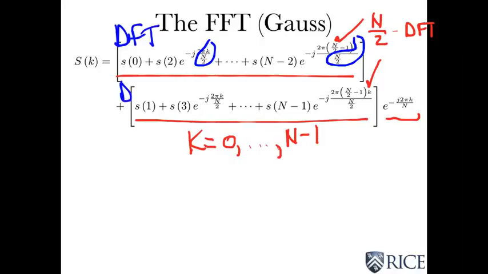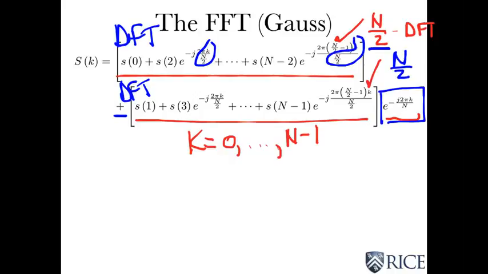This is a DFT of the odd numbered terms. I multiply the one for the odd numbered terms by a complex exponential, add them up, and I get what I want. Again, I still haven't saved anything yet until Gauss, being a very smart mathematician, realized one of the properties of the DFT. The DFT is periodic in its length. This thing is periodic with a period of N over 2.